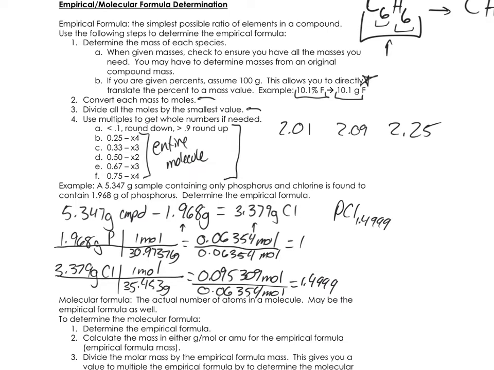In order to get these to be whole numbers, I multiply by 2. And so I end up getting P2Cl3. My empirical formula should not be reducible. If it is, you need to reduce it down. And if you get it and it's reducible, you might want to go back and check your math. You may have screwed up on something.